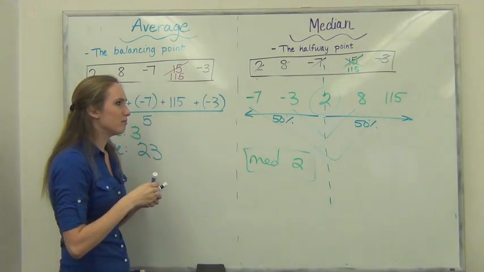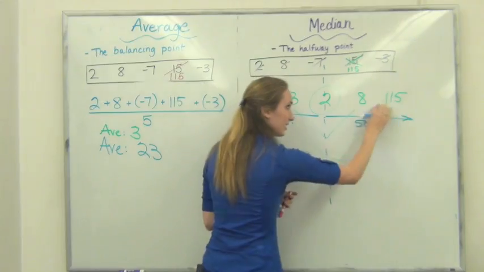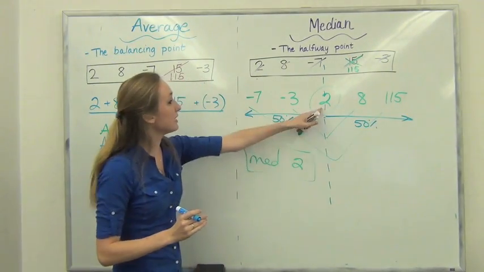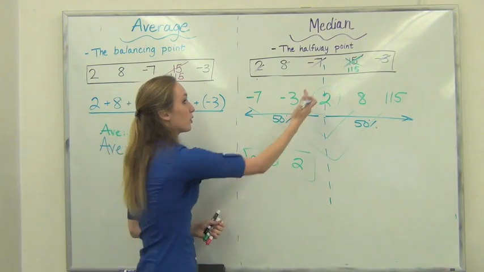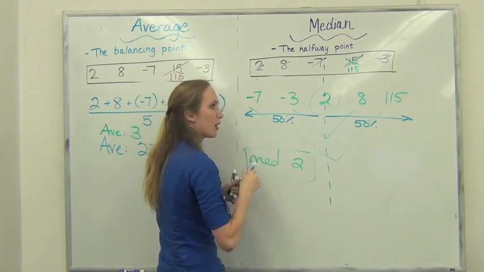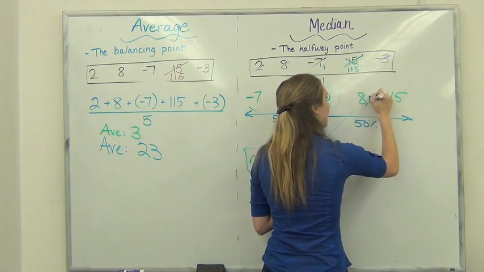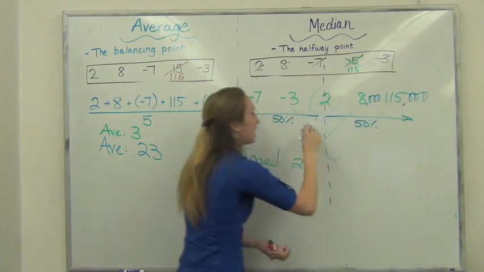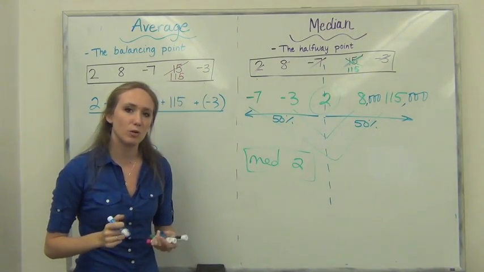So when you think about it, I could do anything to these two numbers. I can make them as large as I want, and that median is still going to be 2, because we're still going to have half of the numbers here. It marked that 50% mark. So I could have made this 8,000, and I could have made this 115,000, and my median would still be 2.